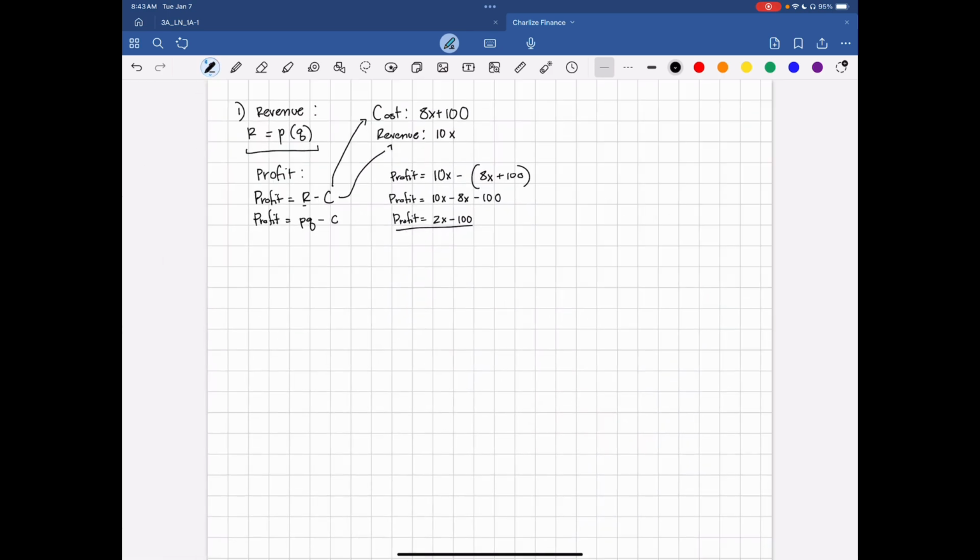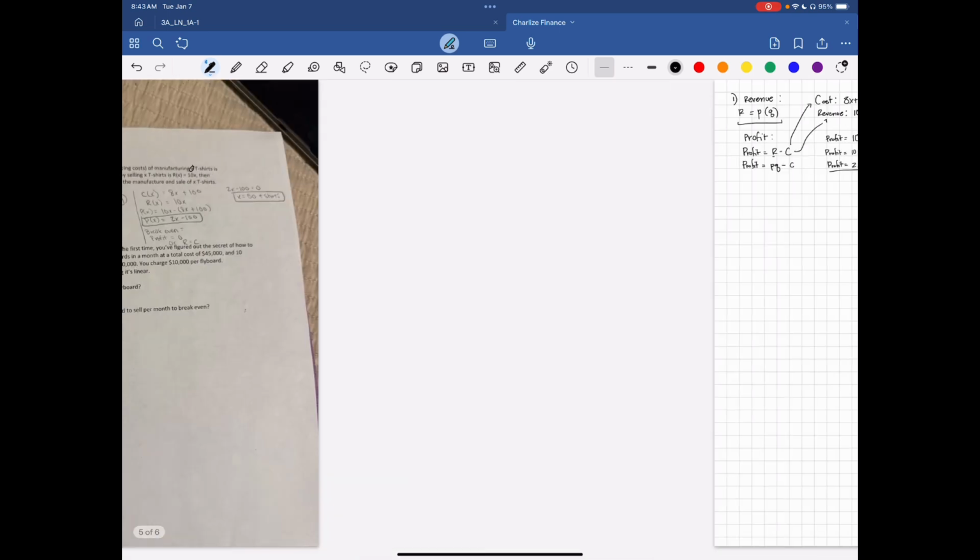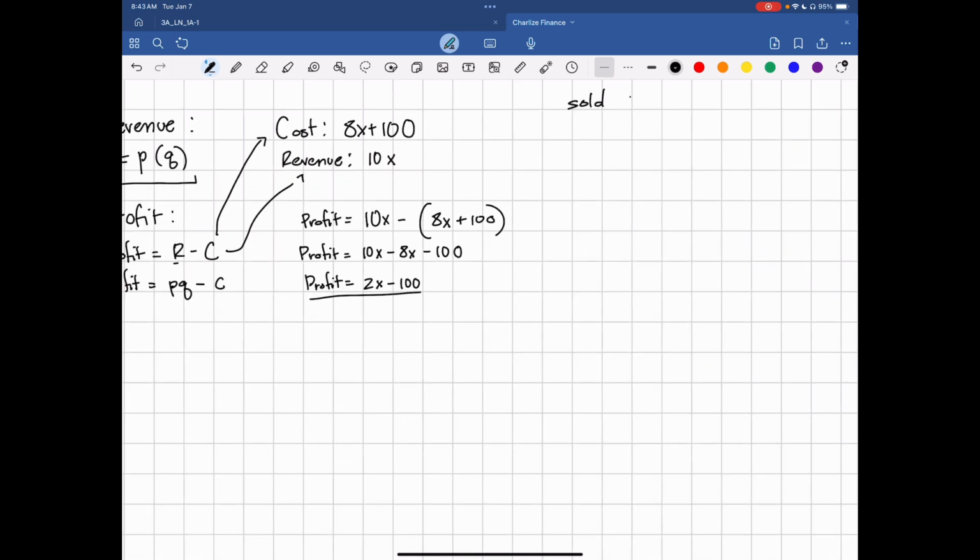It should make sense. I'll do an example just to show you. This is a t-shirt company. So I sold 5 t-shirts. I'm going to calculate it the long way and the short way, and I'll show you that they are the same.